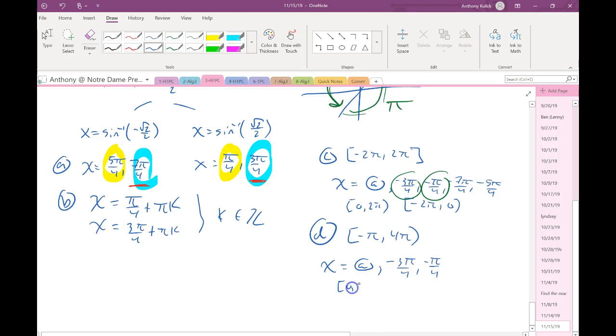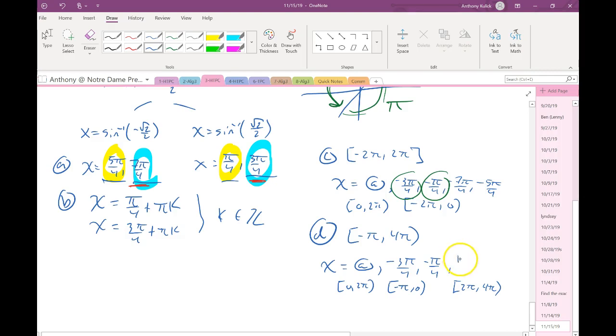So that was the stuff between, and then this is the stuff here. And then I'm going to need the stuff there. To find those answers, I'm just going to take my answers from A and add 2 pi to them.